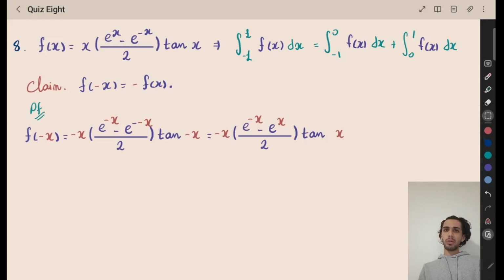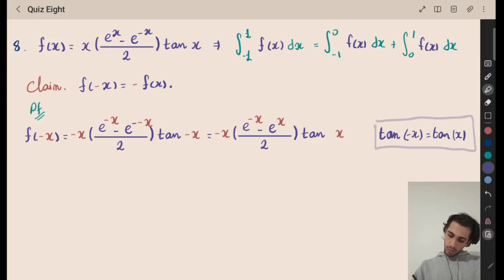Perhaps this needs an argument. Okay, maybe I'll just list it as a fact for now, and then we'll worry about it in a moment. So for now, just believe me.